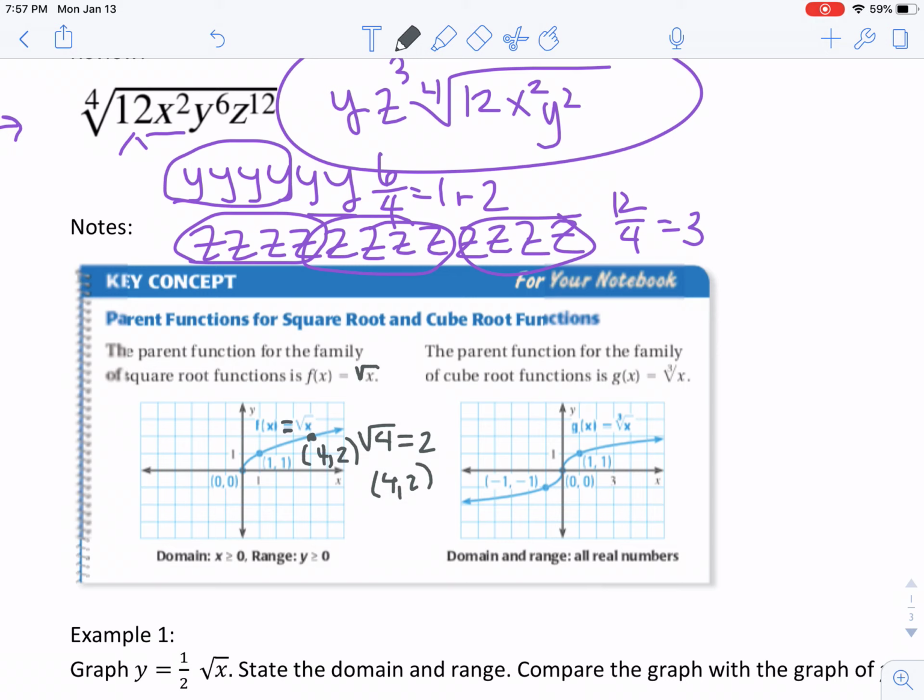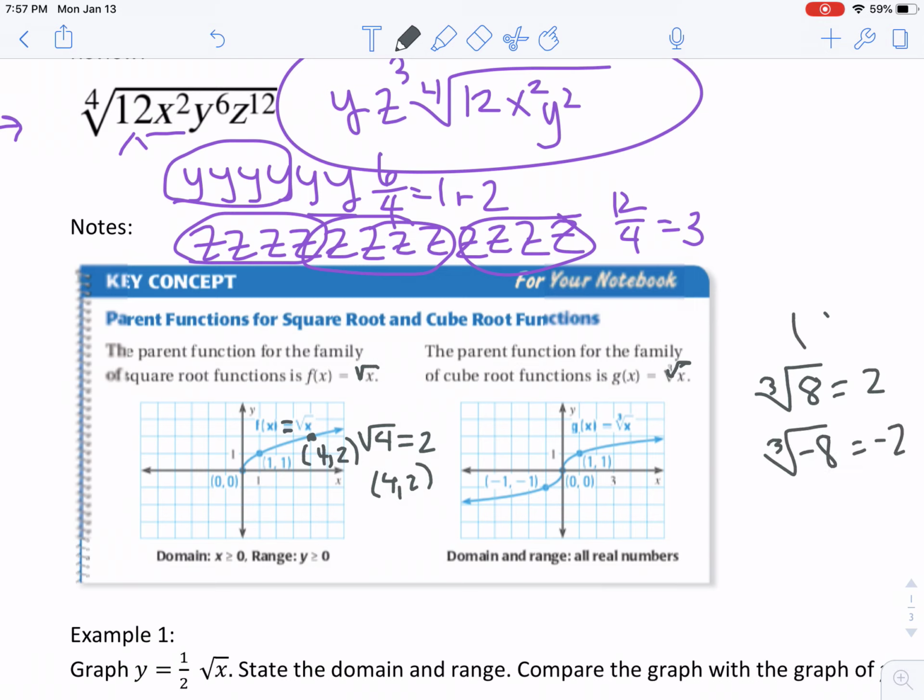For the cube root one on this side, negative 1, negative 1 and positive 1, positive 1 are good points. The next perfect cube would be 2 cubed, which is 8. So the cube root of 8 is 2, and the cube root of negative 8 is negative 2.